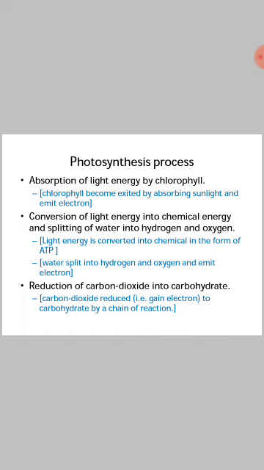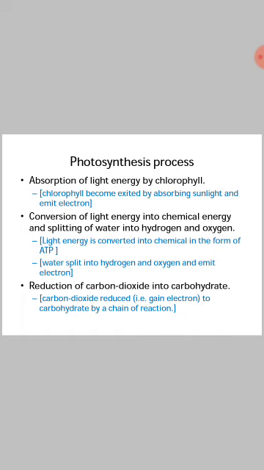And the hydrogen and the electrons produced in the splitting of water are further required in the later processes of photosynthesis, or any other biological process going on in the plant body. So these are the second step: conversion of light energy into chemical energy and the splitting of water into hydrogen and oxygen. Without the first step, the second step cannot happen.